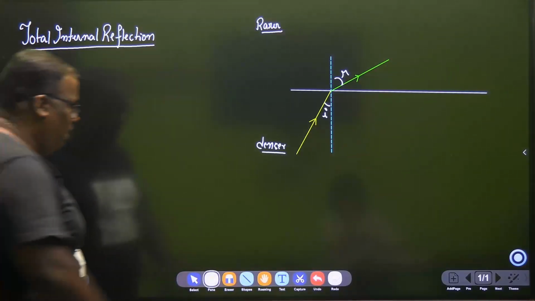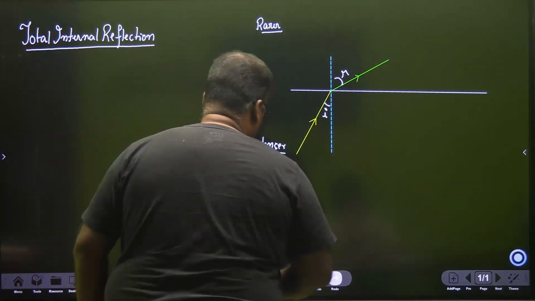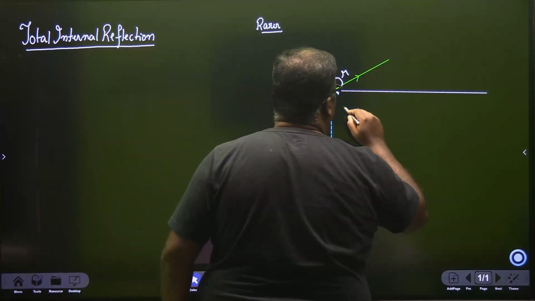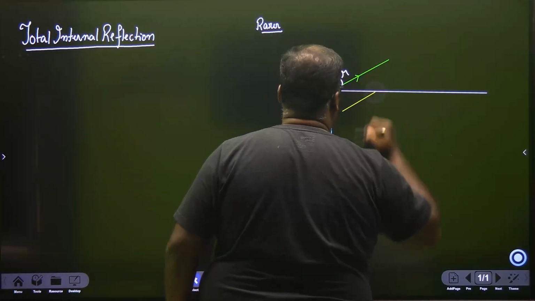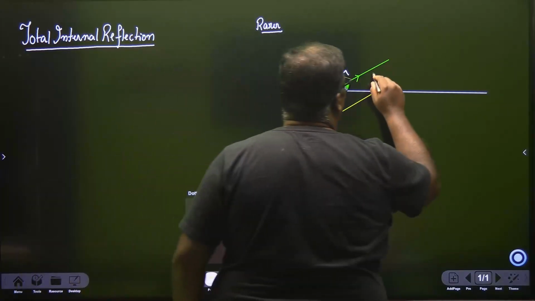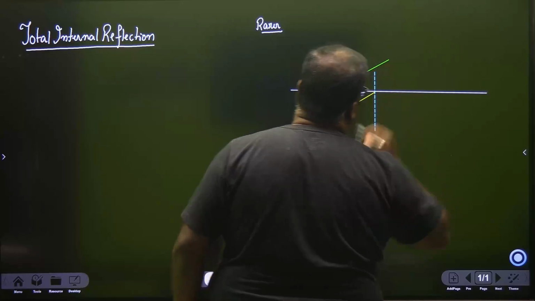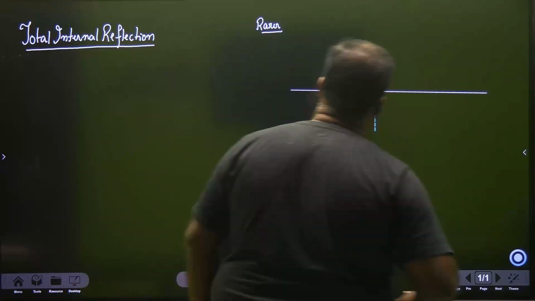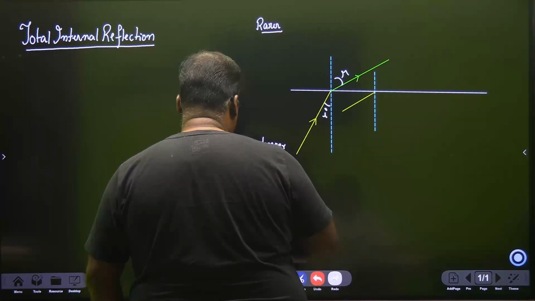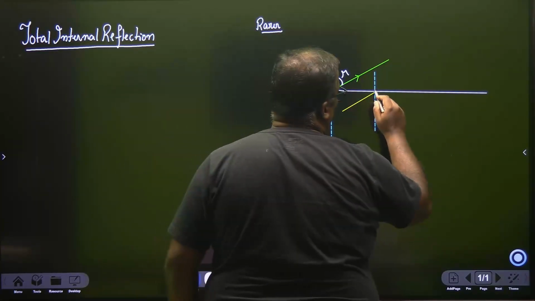Right. In my next iteration, I am increasing my angle of incidence. Let my angle of incidence be this. I've increased my angle of incidence, and let me plot my normal. So what do I expect? I expect that my refracted ray will bend further away from the normal.